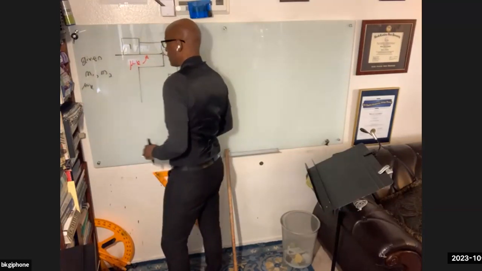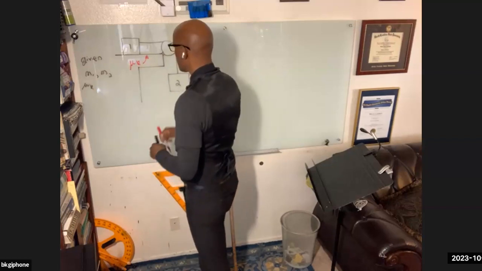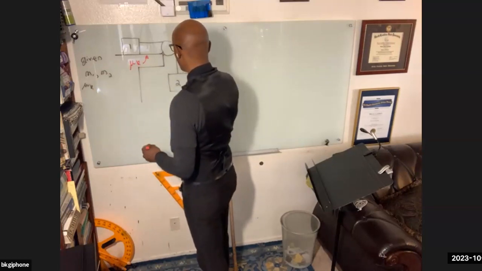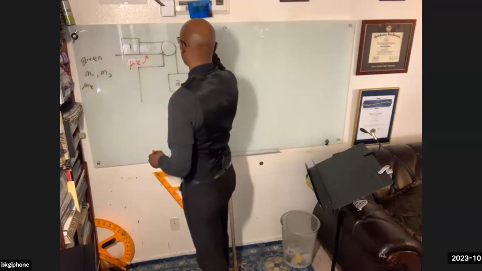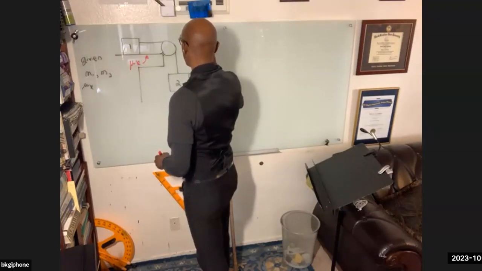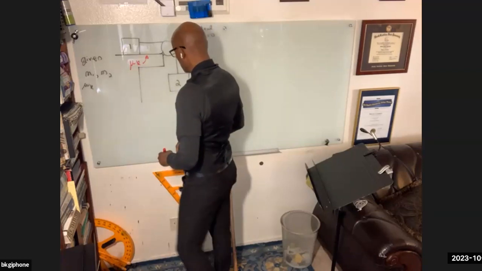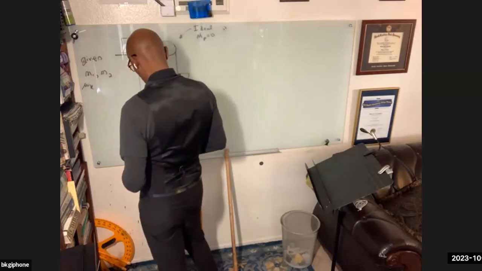Coefficient of friction. And again, we're going to deal with an ideal pulley. We're not worried about that yet. So still ideal, so that the mass of the pulley MP is equal to zero.